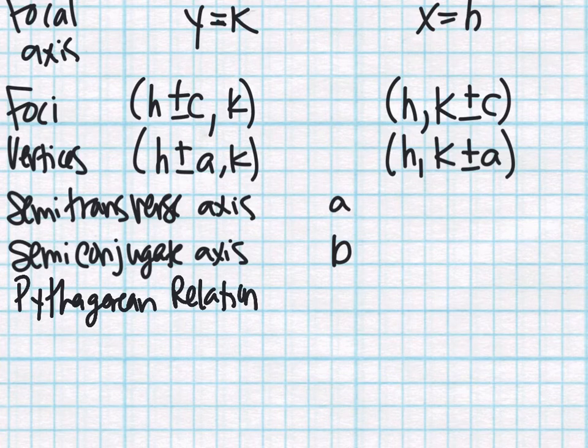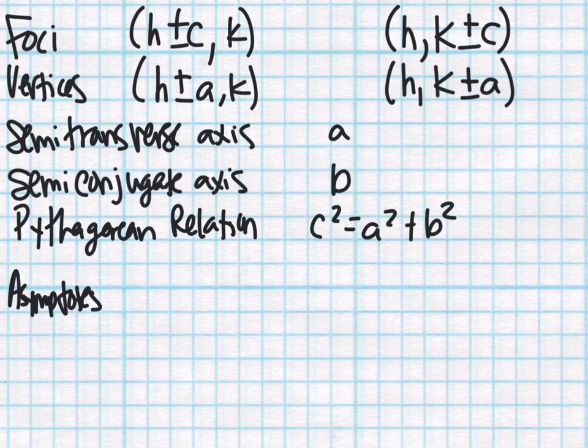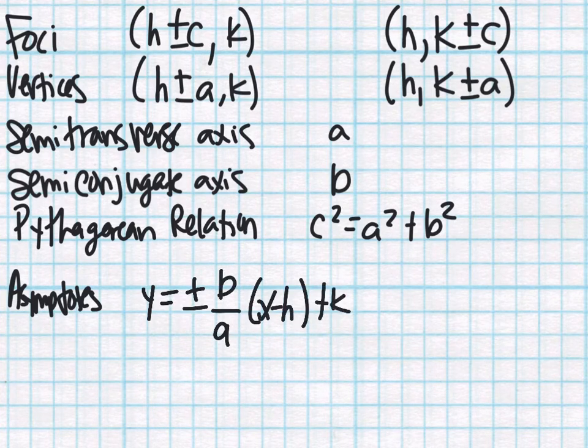It's going to be the same for both of these. c squared equals a squared plus b squared. And then we have our asymptotes. These are straight lines, so our formulas are linear equations: y equals plus or minus b over a times x minus h, plus k.